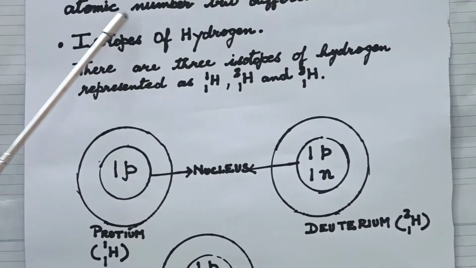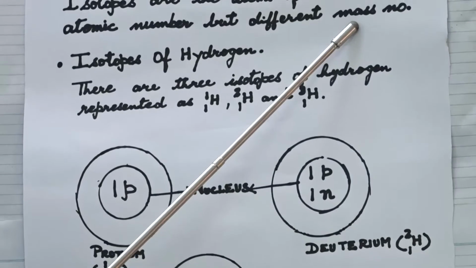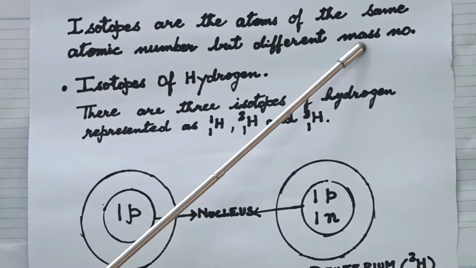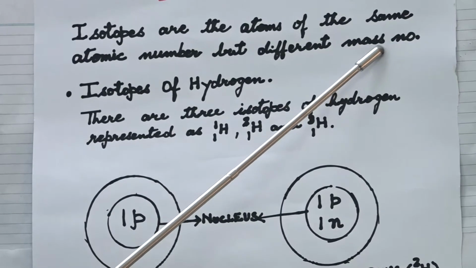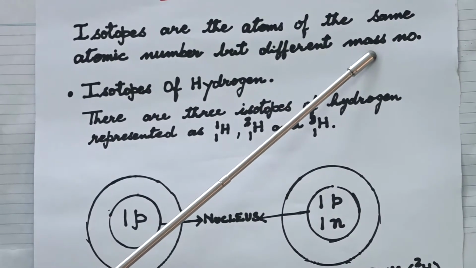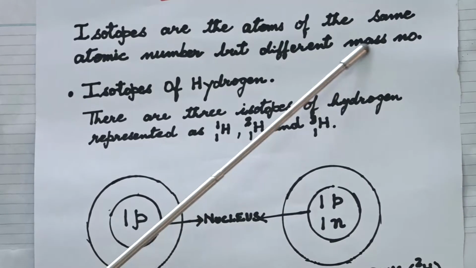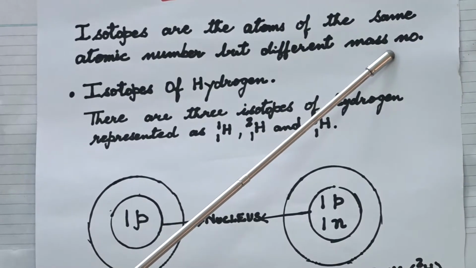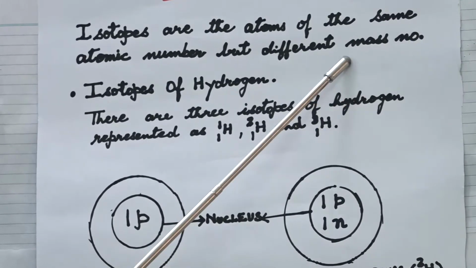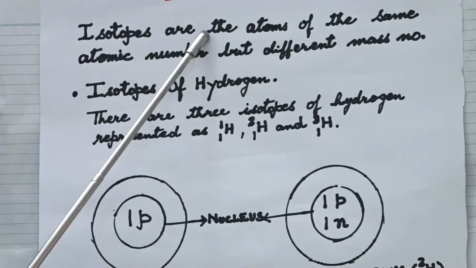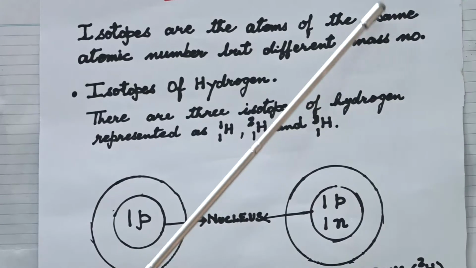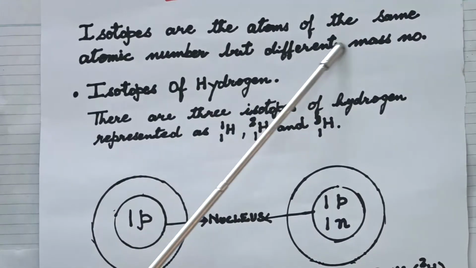As mass number is the sum of protons and neutrons, but protons in them are equal, the difference in mass number implies that they contain different numbers of neutrons.